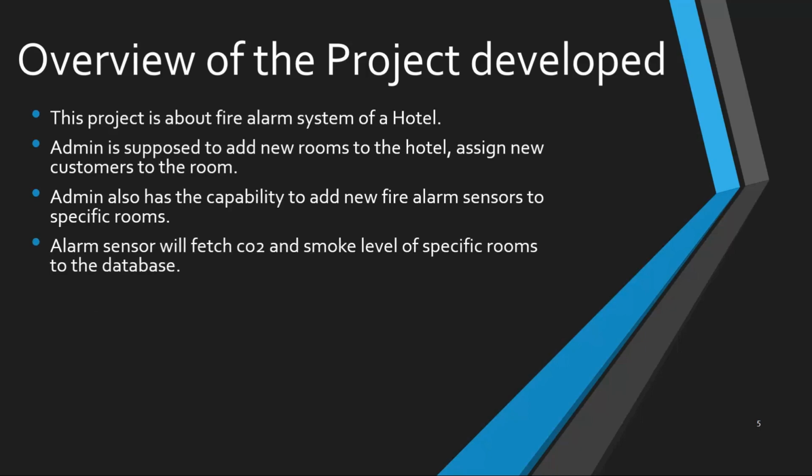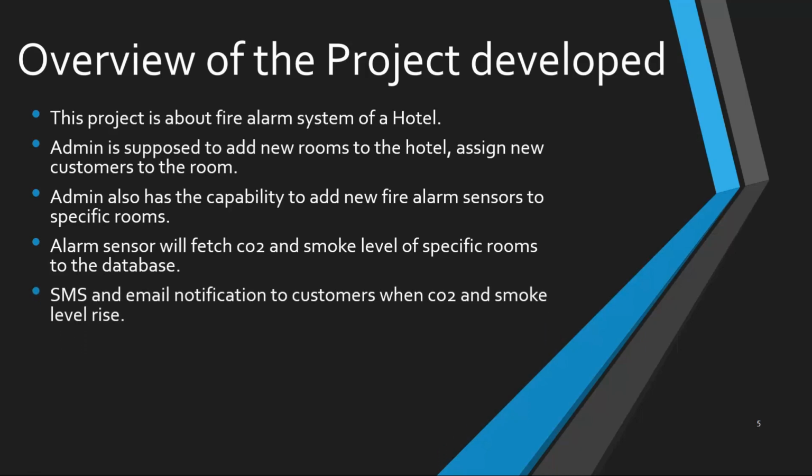These fire alarms are inactive by default, and the carbon dioxide level and the smoke level which can be read by these sensors are 0 by default. These fire alarm sensors will read the carbon dioxide level and smoke level of the specific room and send that data to the database.